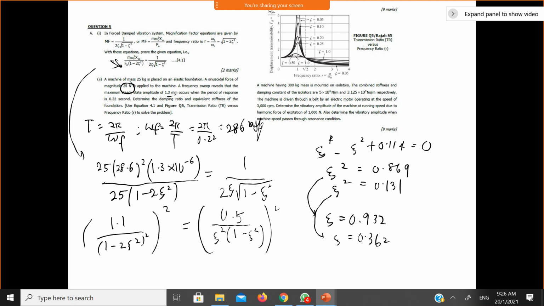Which zeta? Which one? 0.932 or 0.362? 0.932. Why?